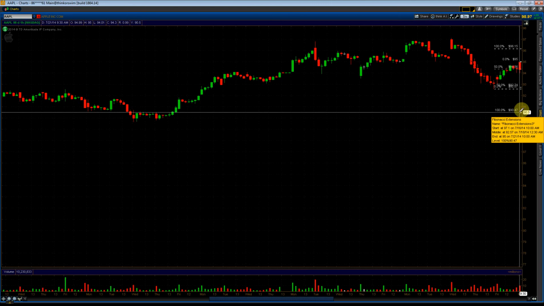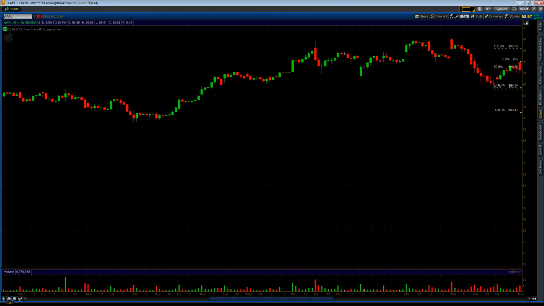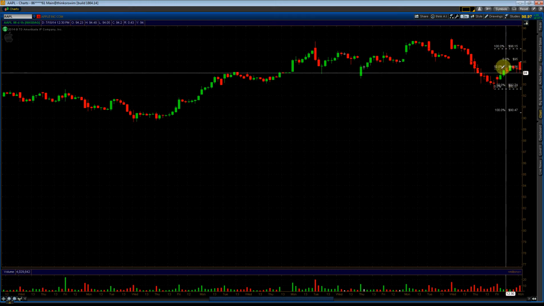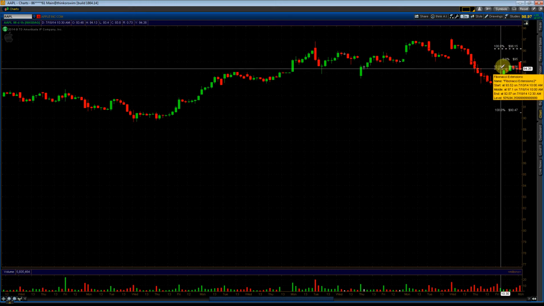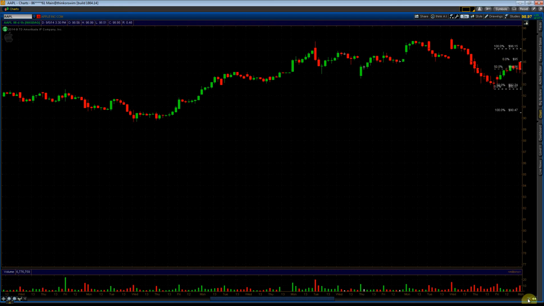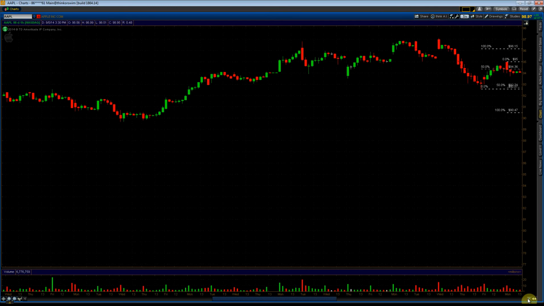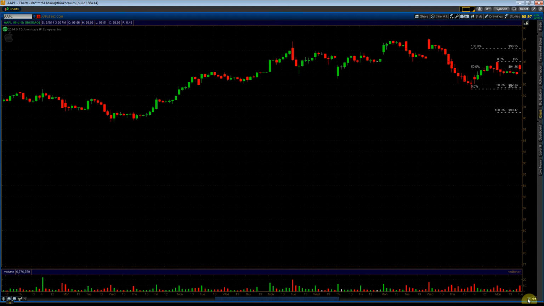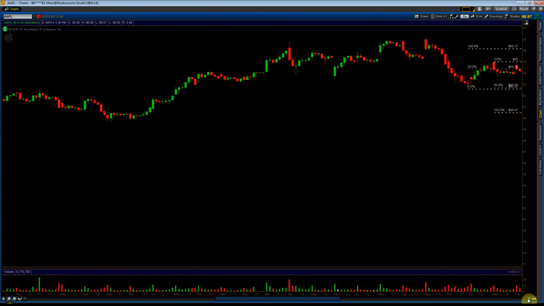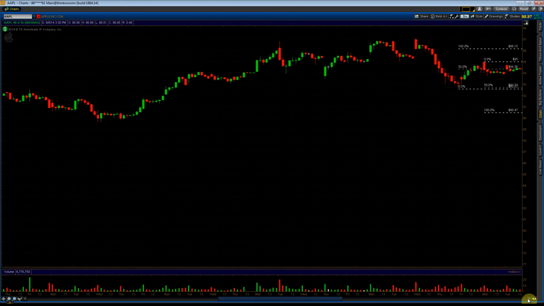Now remember, once we're in that puts entry, we're not necessarily being quick to stop out of that calls trade. As we get here, our puts are continuing. We're just leveraging with the puts. Ooh, we start to pop back up and back down again.